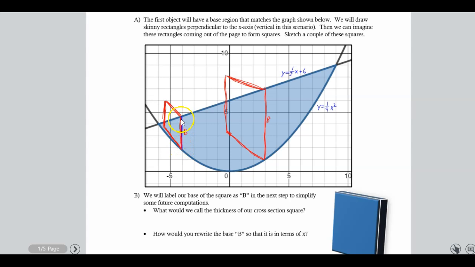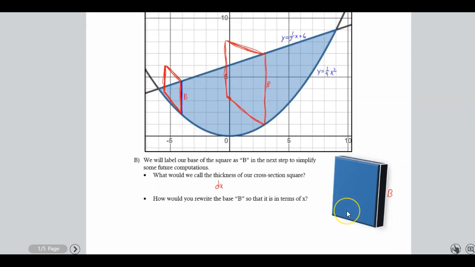In this case, with a vertical rectangle parallel to the y-axis, we're going to think of that as our dx. So that would be our dx. And then our base, if we think about the square, this would be b. Down here, this would also be my base b.